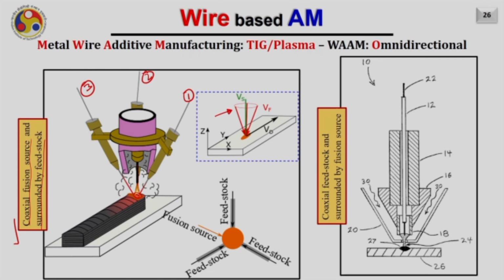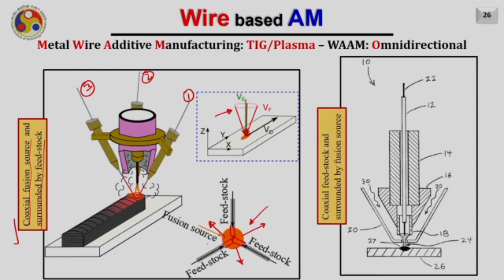It's an approximate cone, but if you look at the top view of the arc, you will find the feedstock entering into the arc at 3 different angles from 3 different sides, making an approximate symmetry around its center. Now you move in any direction, the condition for feeding the material will remain the same.